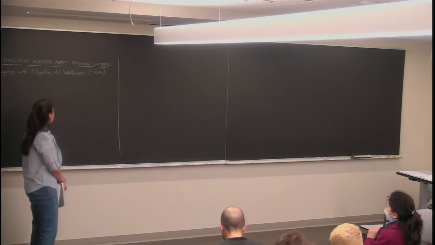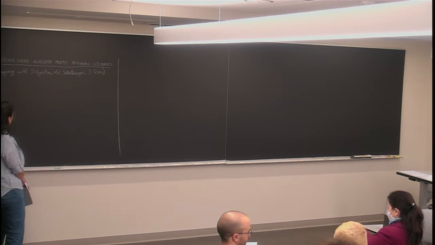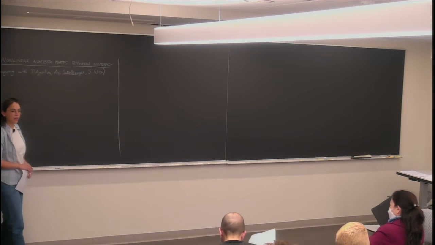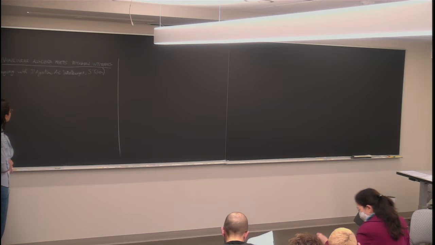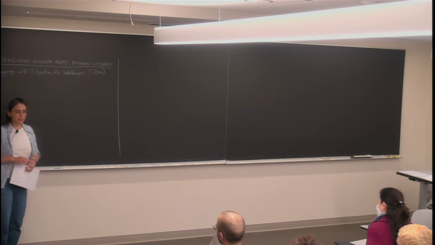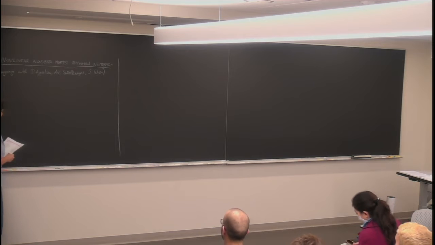Good morning, everybody. So I'll tell you about this ongoing project together with Daniele Agostini, Anna Laura Sattelberger, who's at the MPI, and Simon Telen, who's also in the audience.